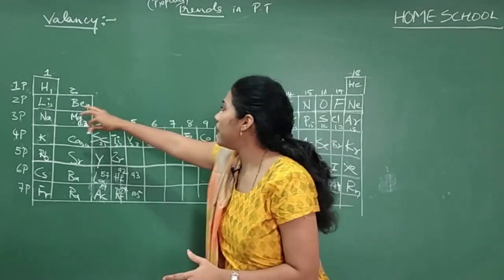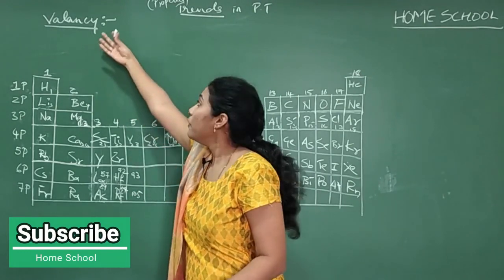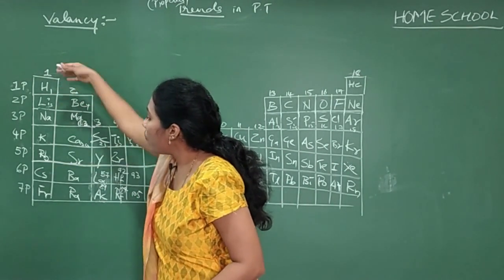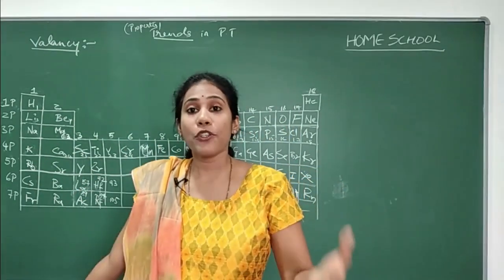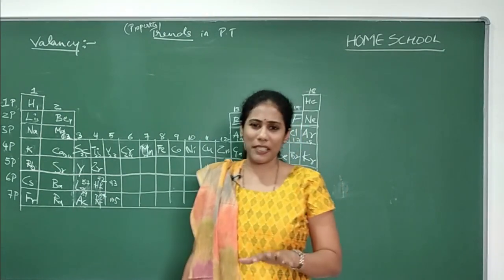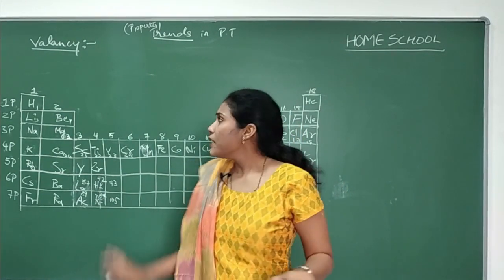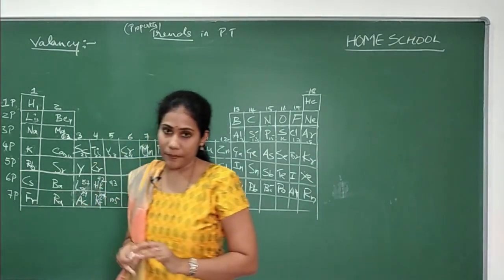If you go from left to right, what will happen to a property called valency? Will the valency increase? If you go from top to bottom, will it decrease? This is what we call a trend. So the first property we are discussing is valency.